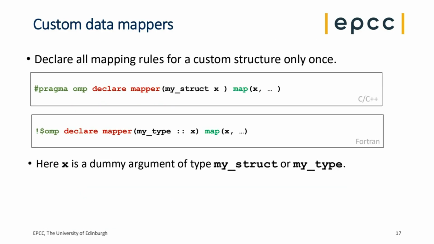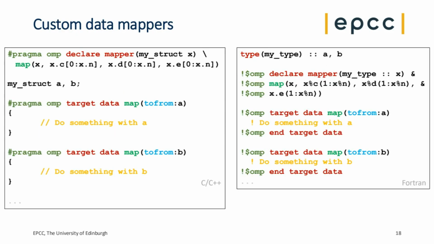But you can wrap all of that up, all those mappings of the individual fields in your structure. You can declare a mapper, your custom mapper, and you can specify that this is going to work for a particular type, my_struct, and then you can give it a dummy argument, X, and then what you've just seen on the previous slide, you can do once only when you define your custom mapper.